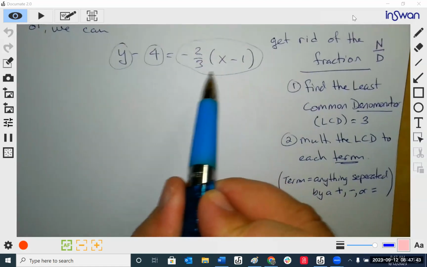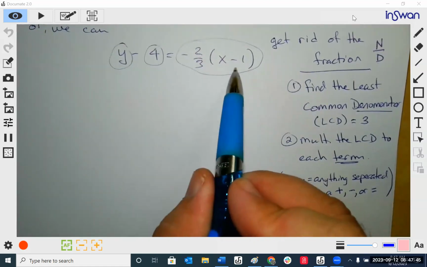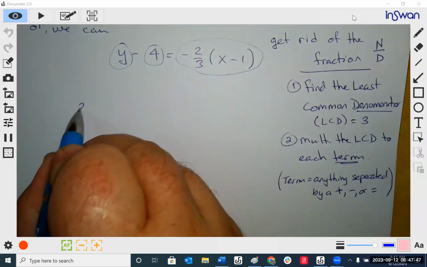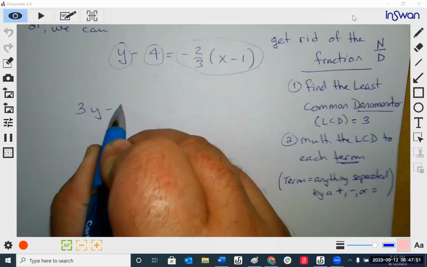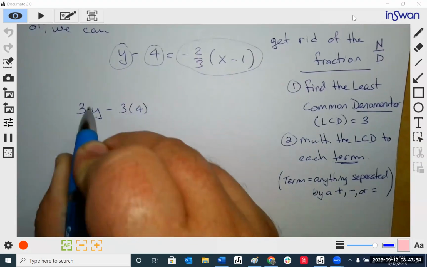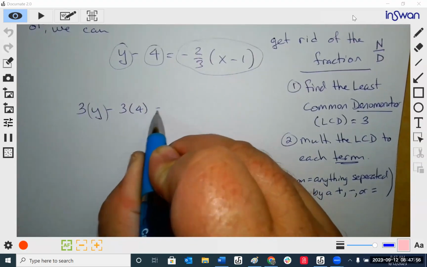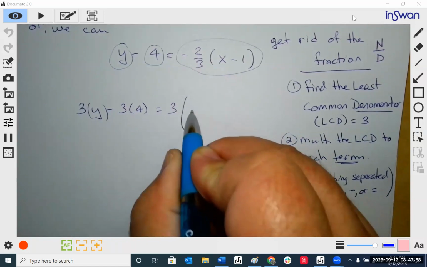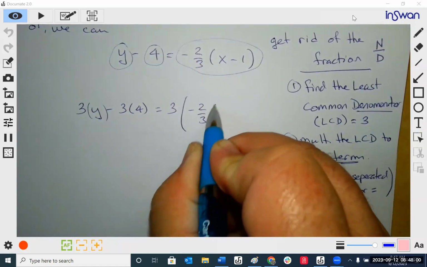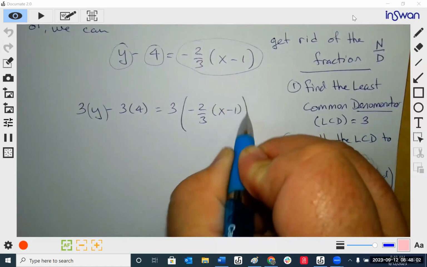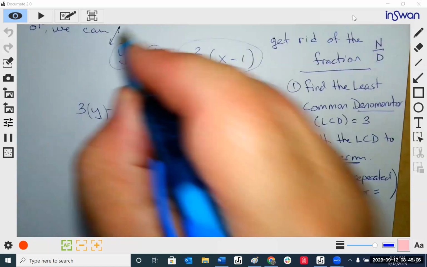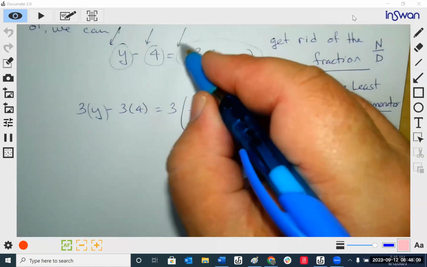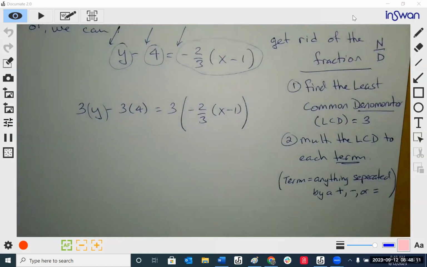On the right-hand side of the equal sign is one big term. So we multiply the LCD to each term. Basically, all I'm doing is putting the LCD in front of each term. That's all I'm doing.